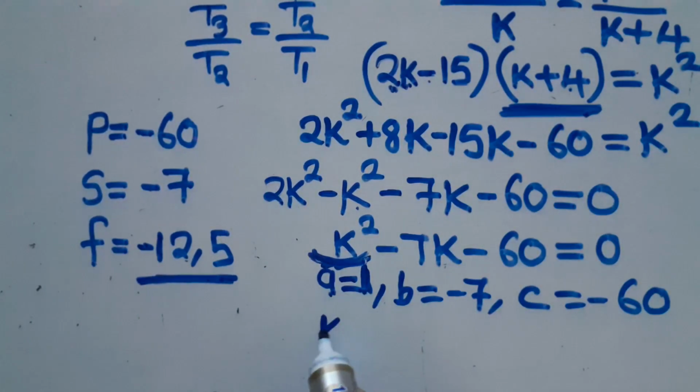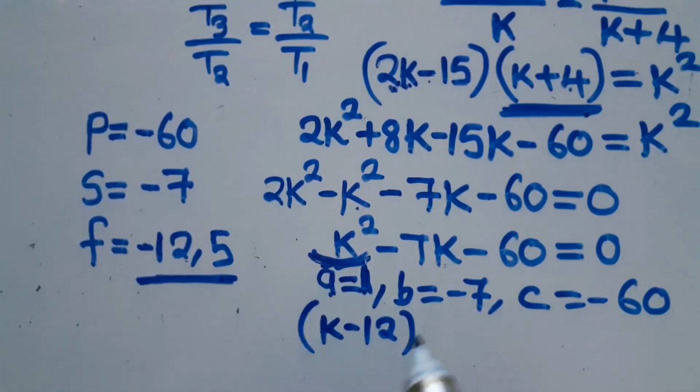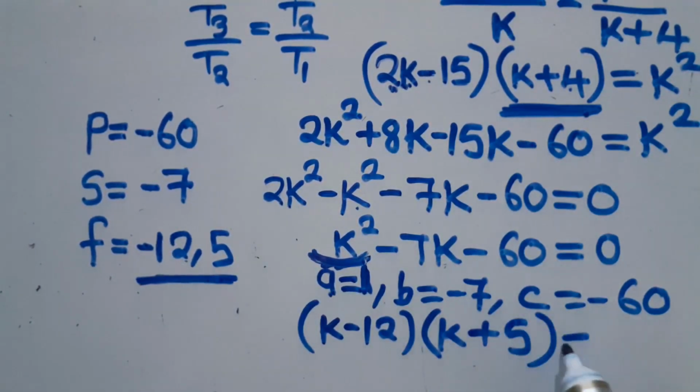You say k, there is minus 12 there. Then you say k, there is plus 5 there. Equal to 0. So you solve these two, you get this one equates to 0.